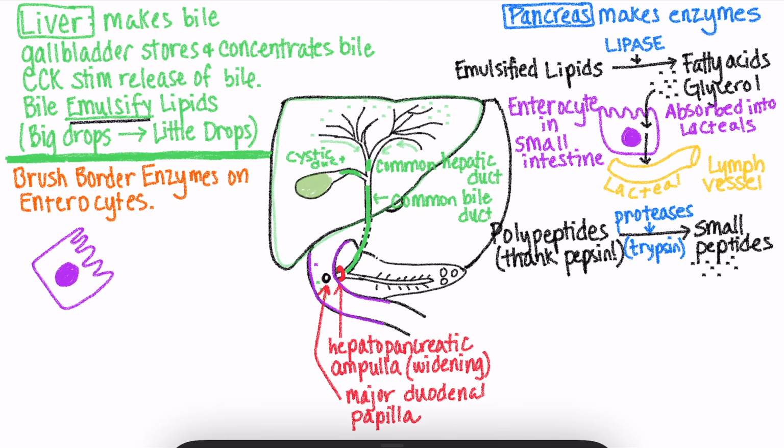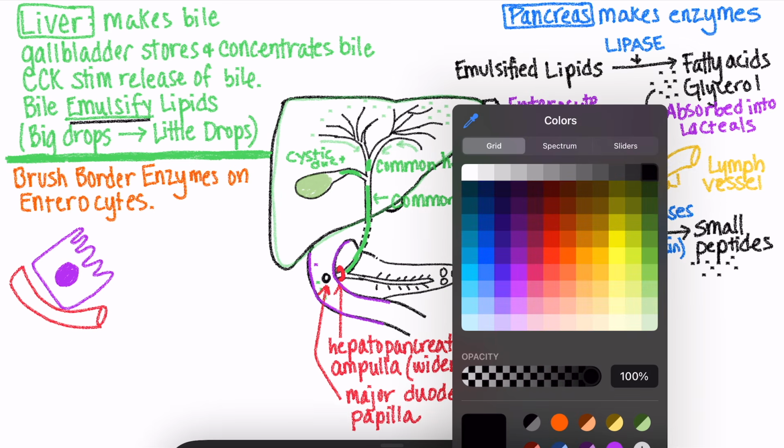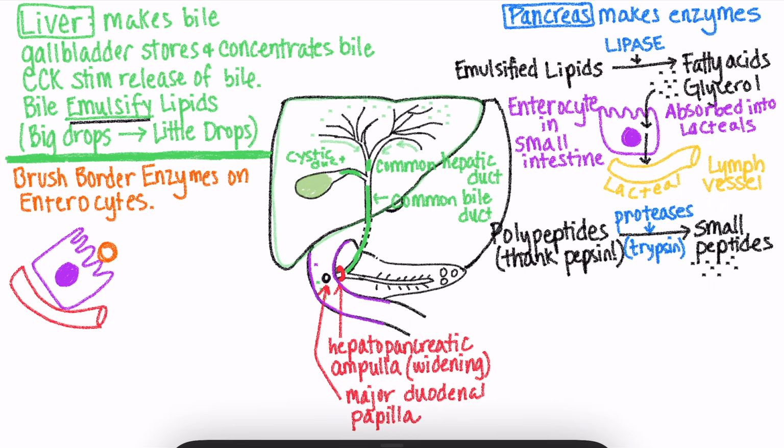And there's always capillaries associated with these cells so that things can either pass through them and get absorbed, or like in the case of the fatty acids, there's also lacteals. There are enzymes, and I'll make these brush border enzymes orange. And these enzymes are capable of breaking the small peptides down into amino acids.